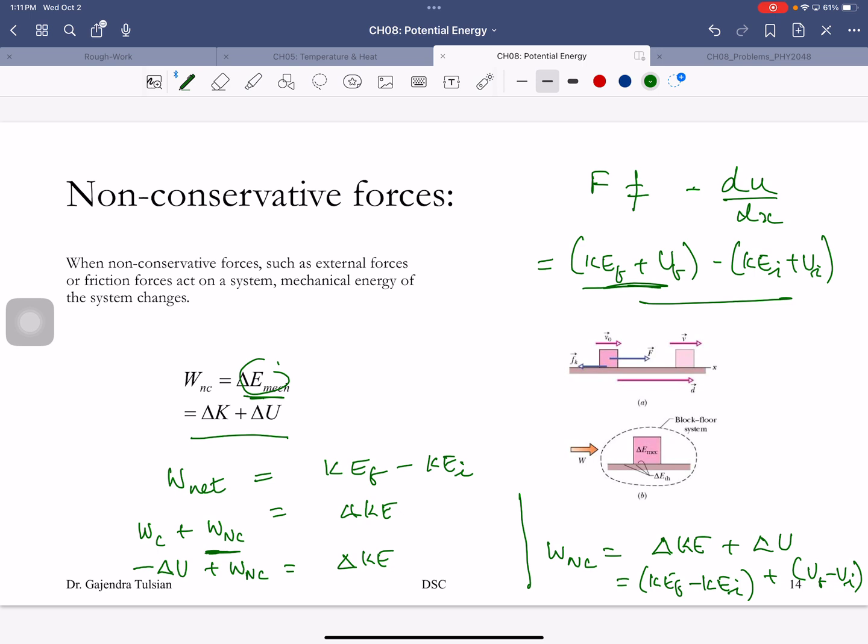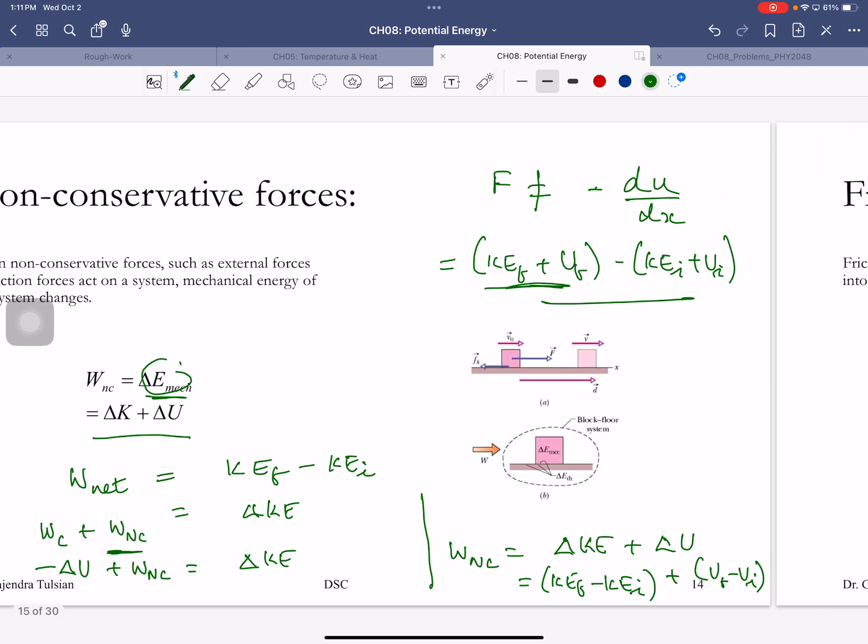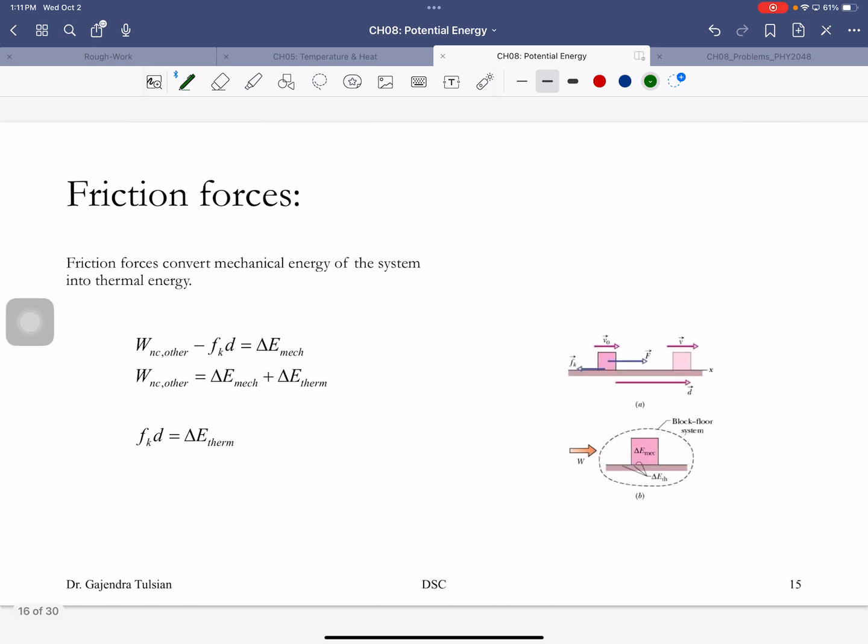So when your car engine acts, it changes the kinetic energy of your car. If you're driving on a flat road, your potential energy is not changing. Friction forces.